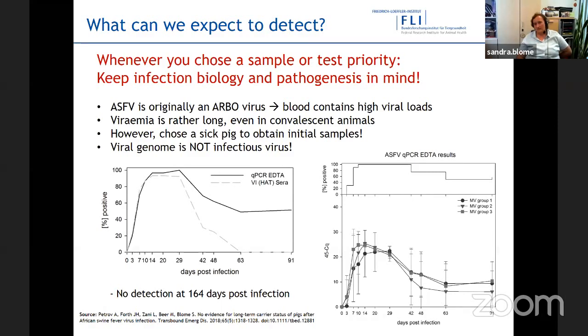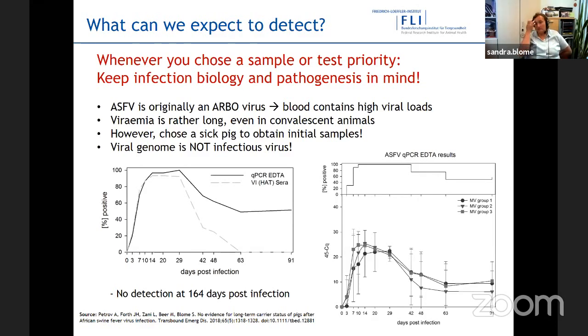And keep in mind, viral genome is not infectious virus. So if you find a few genome copies on water or wherever, this does not mean it's highly infectious. I brought you some figures from recent animal trials. Just look at the right-hand side. There are the qPCR results of EDTA blood, and on the top, you will find the percentage of positivity.